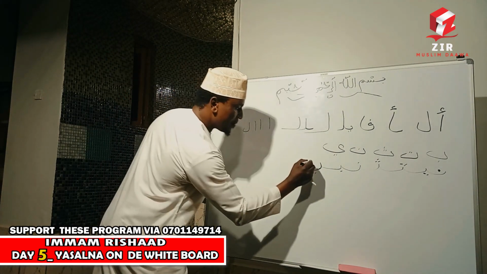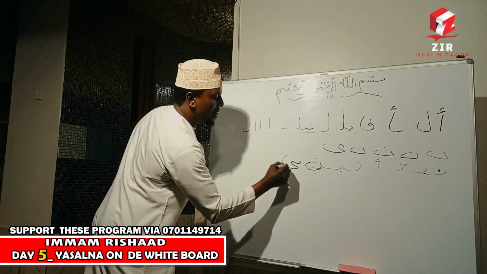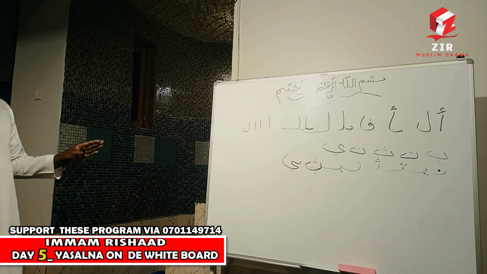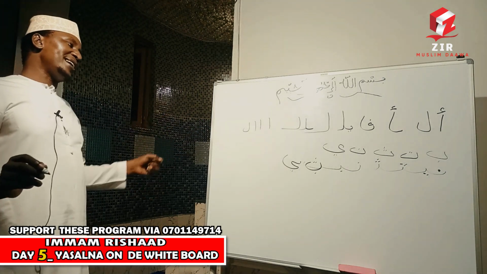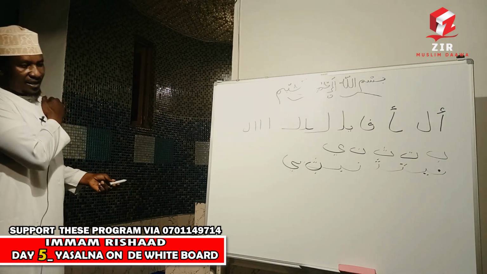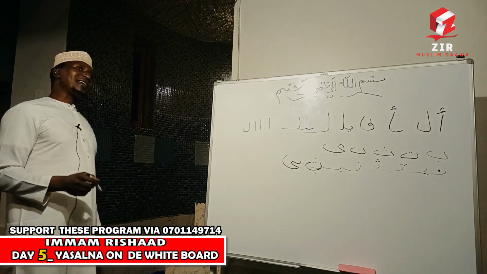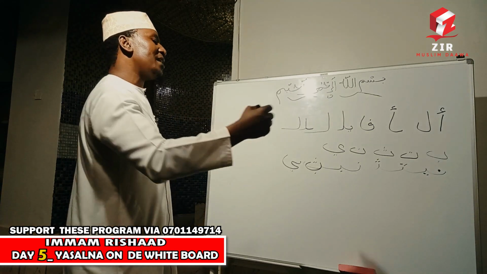If it is ta'u, it will be ta'u. If it is ya'u, it will come back and be ya'u. Those are the letters that look alike with a slight change in the position of dots.